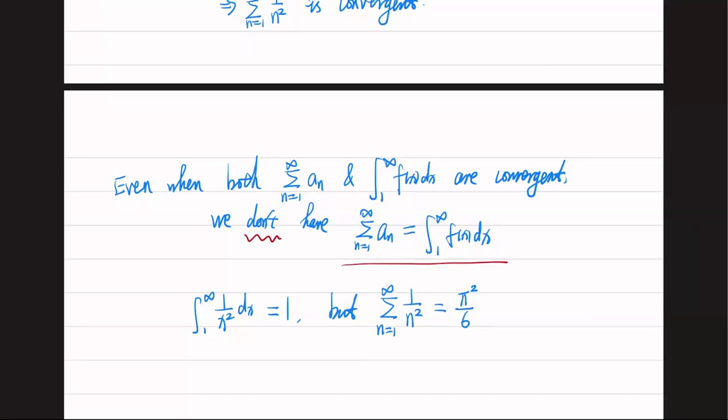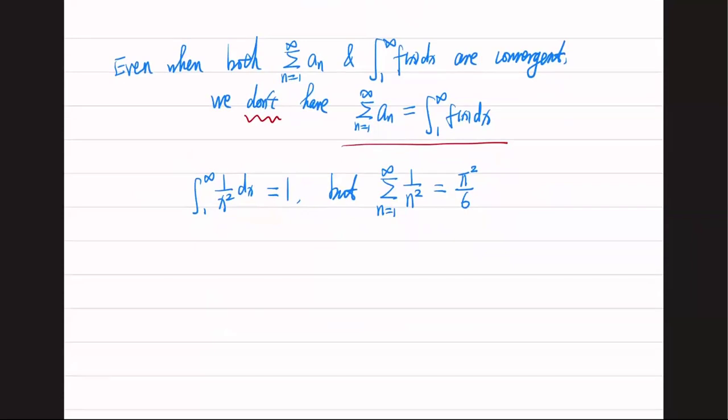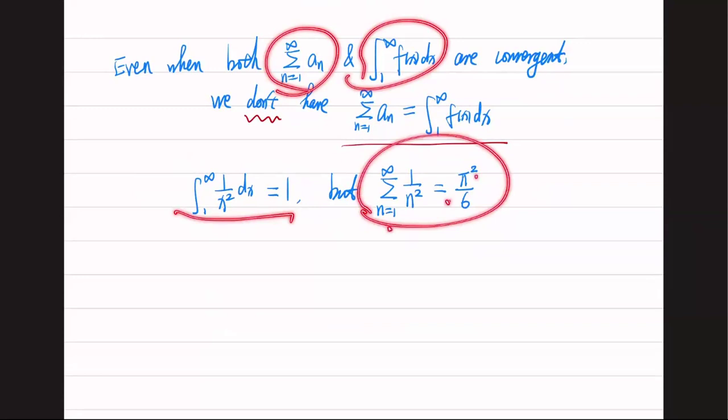So the point is, even when they are both convergent, they converge to different things. The integral converges to 1, the series converges to pi squared over 6.